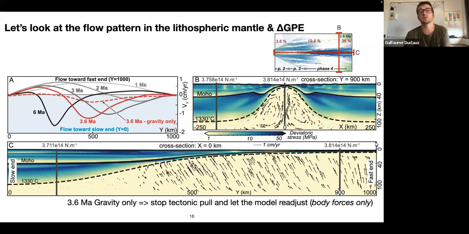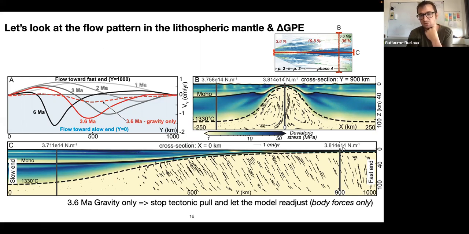But what was most interesting and new in this model was the fact that we demonstrated that it also happened along strike the rift, where we see, when we stopped the tectonic forces, that the asthenosphere still wants to rise towards the slow part of the model. And there is a gradient of gravitational potential energy if you compare this column here with this column there.